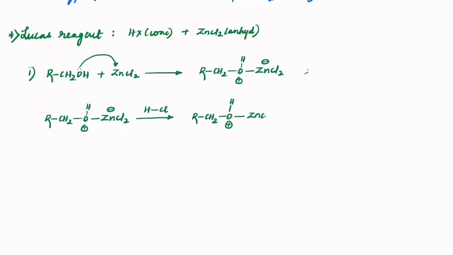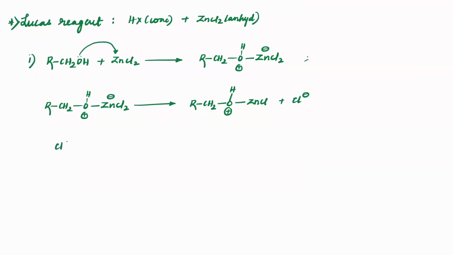ZnCl2. Sorry, my mistake. Check this out. So here this can convert into RCH2OH here, and ZnCl plus Cl minus. So this will become a source for releasing Cl minus.